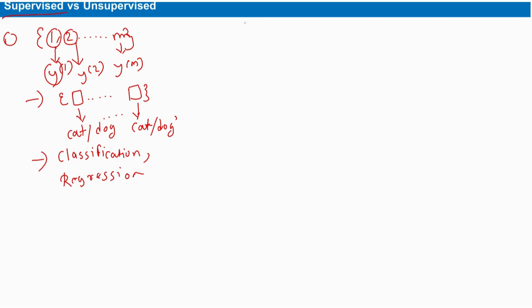Inside unsupervised machine learning, there also you have the data set where you have the examples from the first, second to the n-th example. But the difference is that for any of the examples you do not have any label yi.